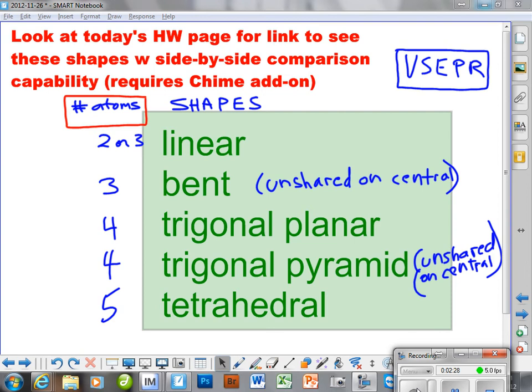So there's your trigonal pyramid, and the comparison that people don't get right a lot of times is the tetrahedral. And here's your tetrahedral, and he's on the left, and now you look at this guy.